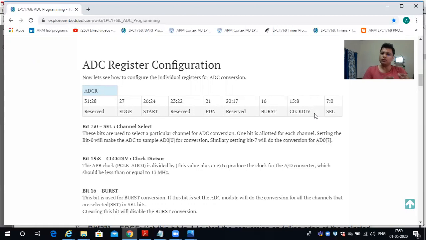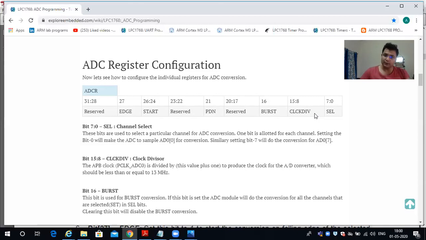But if we want to divide in some other ratio, or further divide our peripheral clock in relation with the core clock, then whatever we write in bits 8 to 15, that value plus 1 will be the divider. So the new peripheral clock would be equal to whatever we selected using PCLK select register 0, divided by the clock division value plus 1.